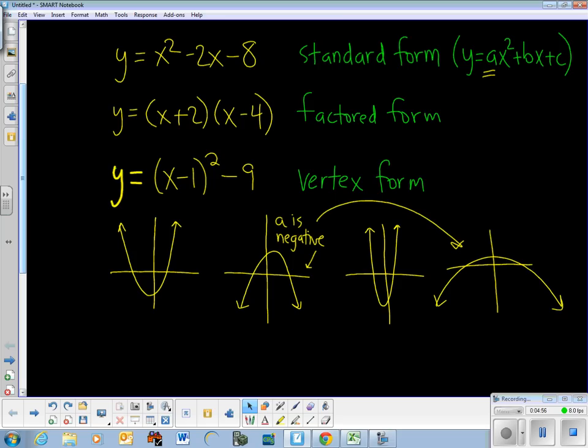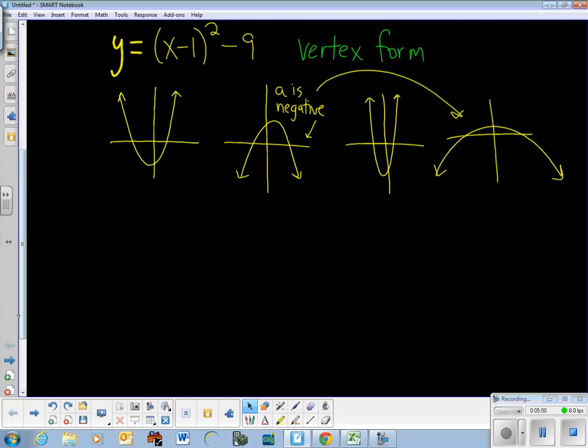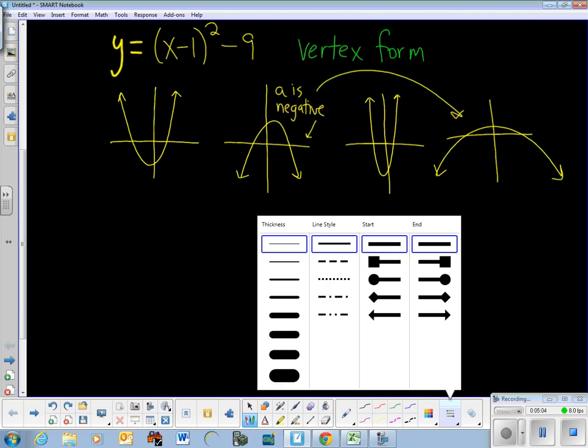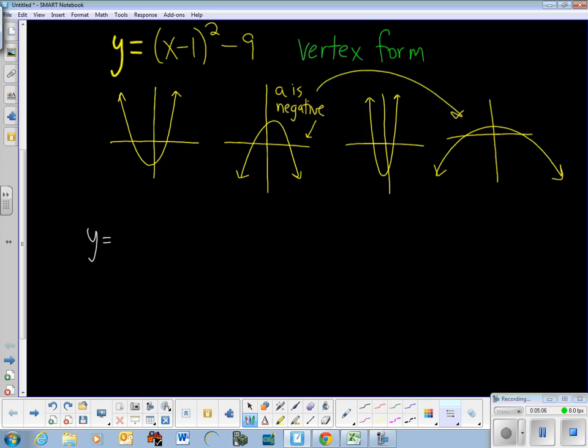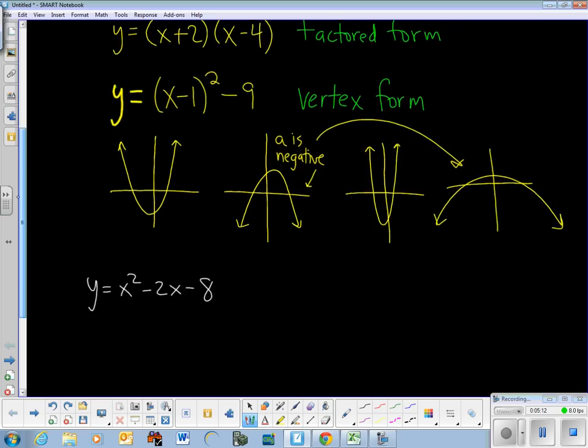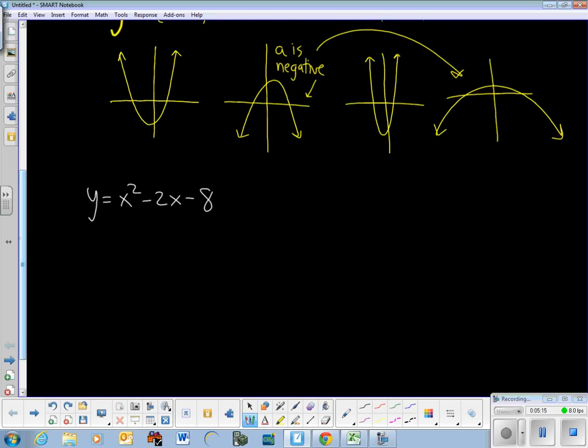So let's start with y equals x squared minus 2x minus 8, the standard form of this equation. Okay, so what we've already determined is that this thing opens up. And what else could we tell about it?